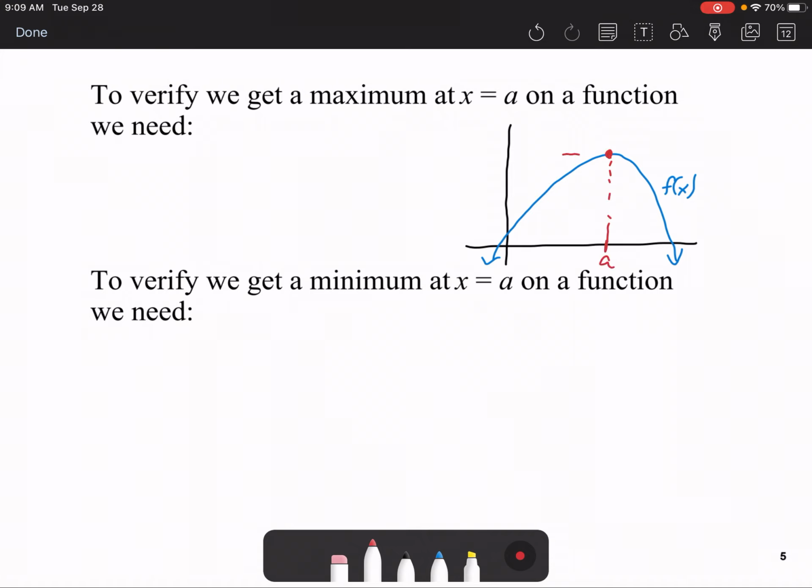You'll notice the slope at that spot is equal to 0. Slopes on the left side are positive values, so greater than 0. And slopes on the right are negative values. So you can prove you have positive slopes to the left, a slope equal to 0, and slopes afterwards less than 0.